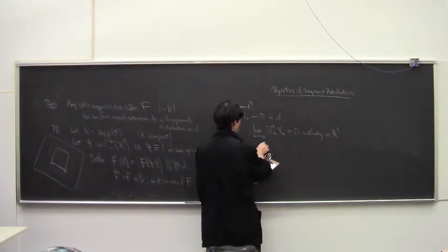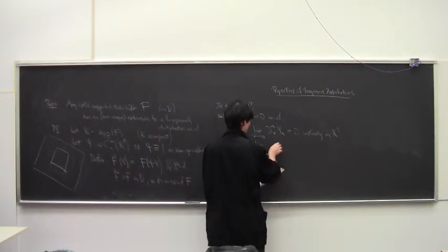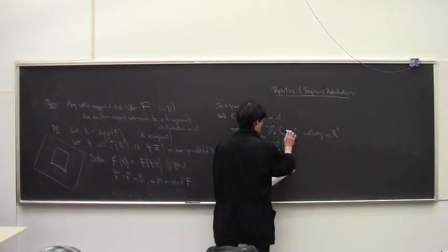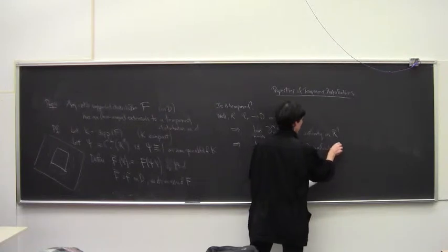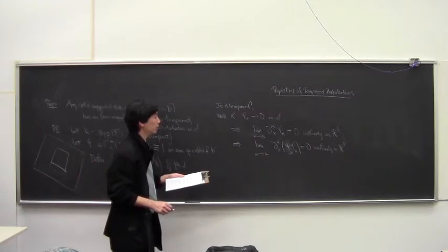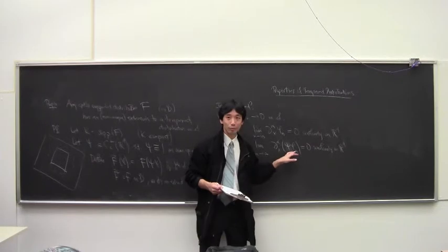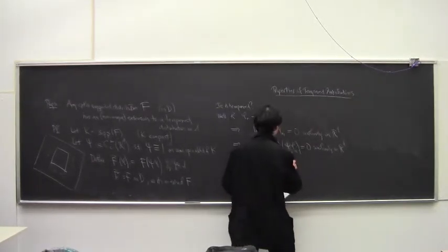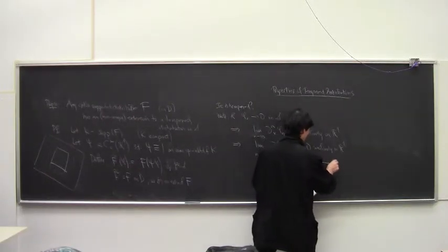So that implies that these guys go to 0 uniformly on the support, which implies that these guys go to 0 in D.